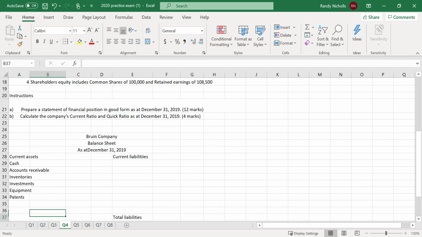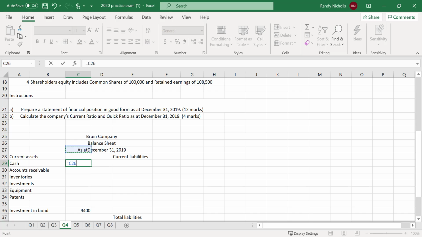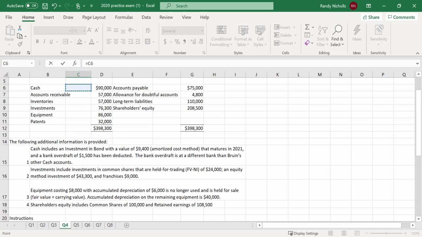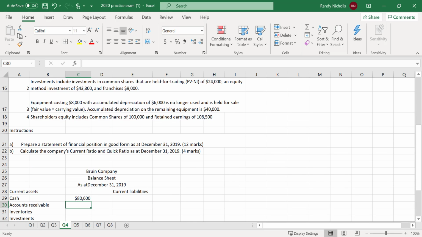So somewhere down here under my current, I've got investment in bond for $9,400. And I'm going to need to take it out of my cash balance. So the cash balance that this person had done was $90,000. But that was wrong, right?